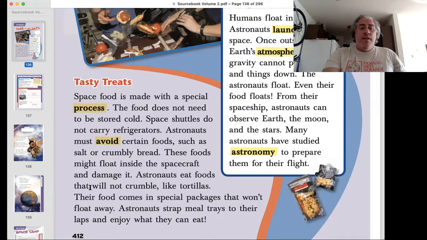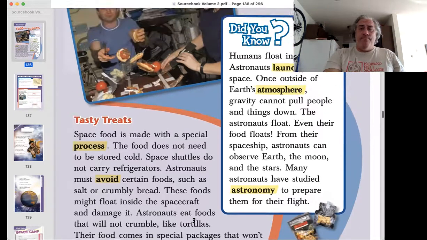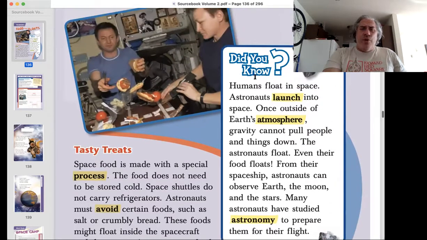Astronauts eat food that will not crumble, like tortillas. Their food comes in special packages that won't float away. Astronauts strap meal trays to their laps and enjoy what they can eat. And up here, did you know humans float in space? Astronauts launch into space.